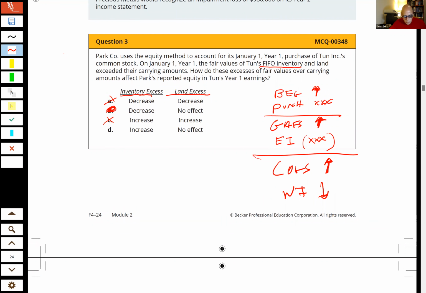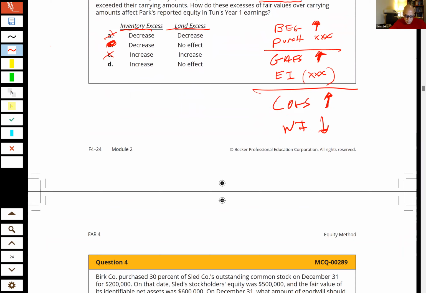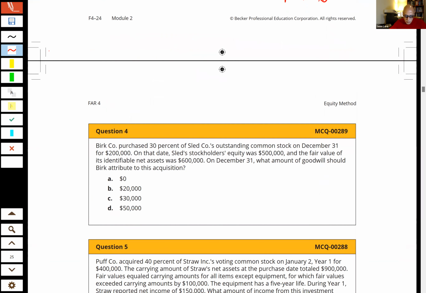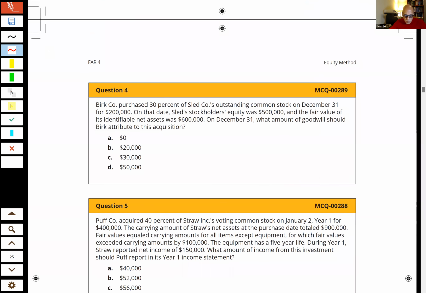It was all questions like this, and sometimes folks thought that was the harder part of the exam because you couldn't bludgeon your way through a question, for lack of a better term, to get the right answer. You had to really understand what you're doing. So questions like this, even though there's no numbers, sometimes can be more difficult than ones that have numbers in them. So be ready for that type of thing. You don't see them as much these days, but you still will see some questions like that.